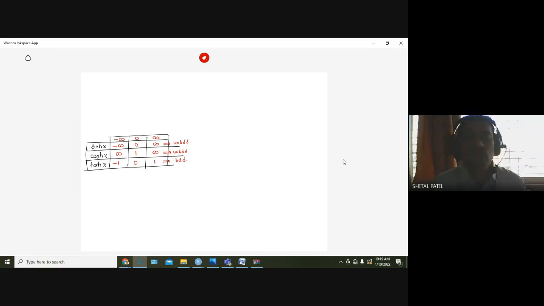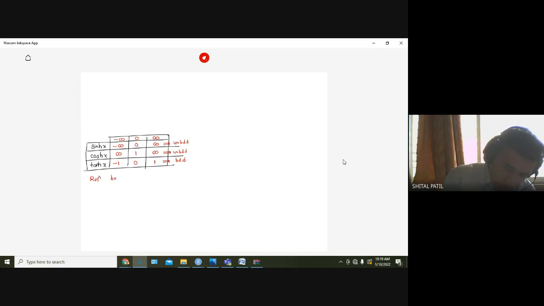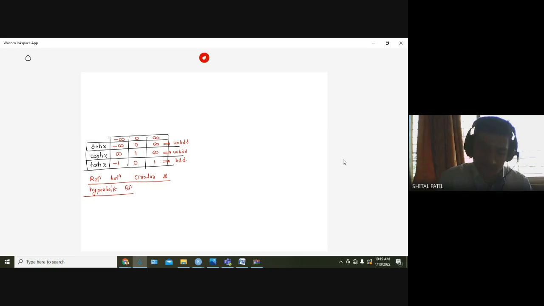Now go to the next part, a very important part. We have to understand the relation between circular and hyperbolic functions. So see, I have sine hyperbolic of x: e raised to x minus e raised to minus x, divided by 2.